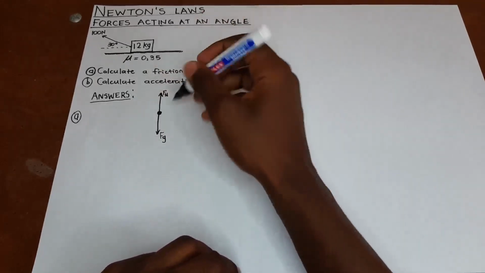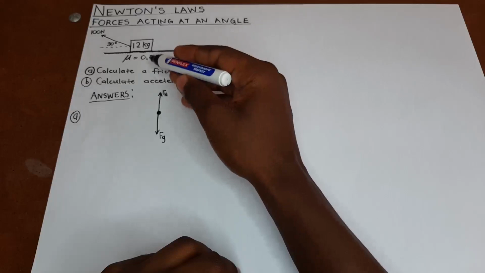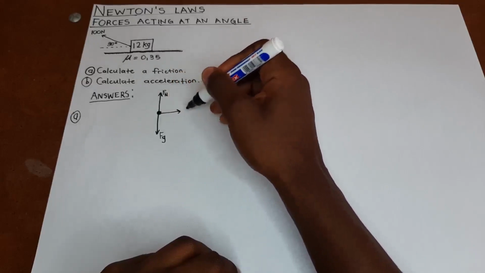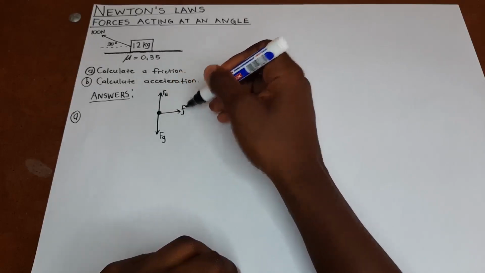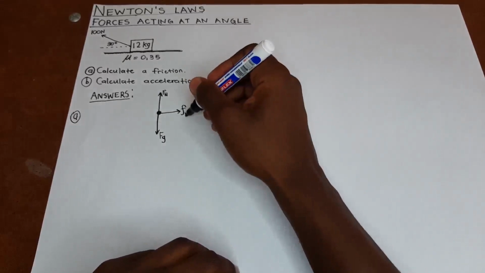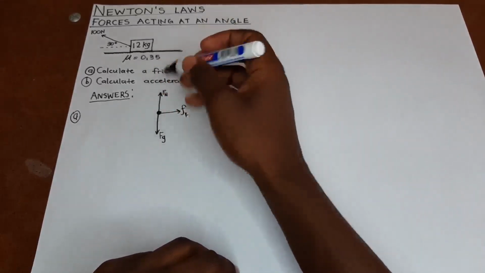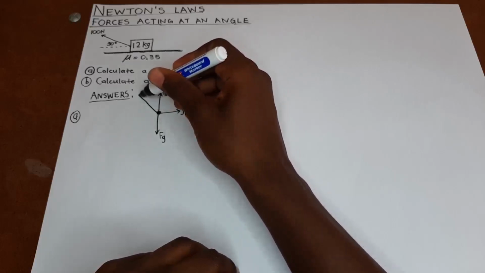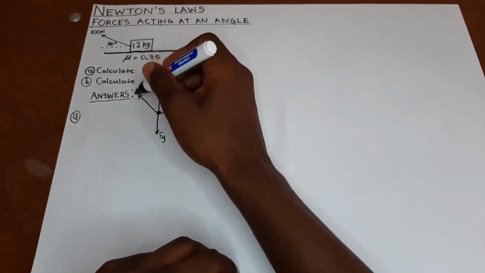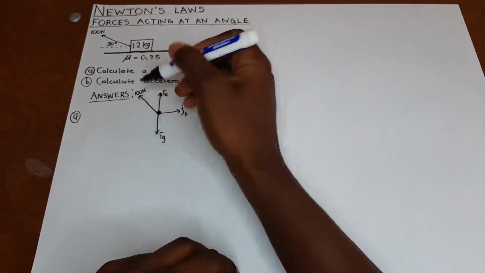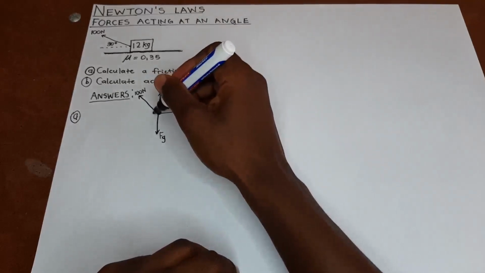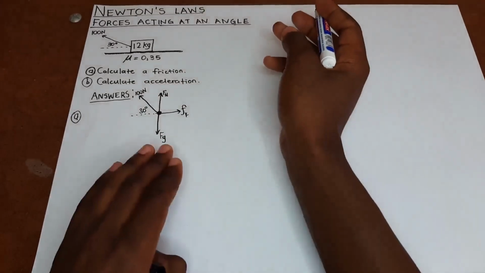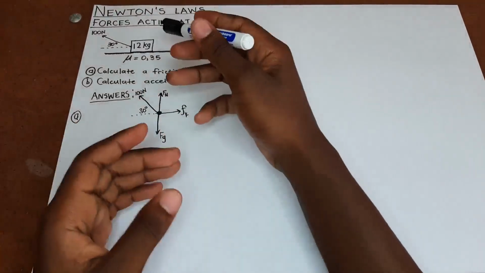There's a friction there. Our coefficient of kinetic friction is 0.35, meaning there's a friction acting on that object. This is a kinetic frictional force, because that object is moving. Then we have our applied force, which is 100 newtons, and our 30 degrees. So this is the free body diagram for this 12 kg block.